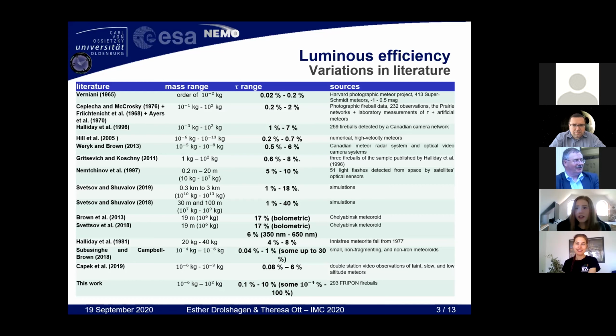We have about 10 to the -5 till 10 to the power of 2. The large ones are from Nemchinov and Svetsov. These are models, and they calibrate them with the Chelyabinsk event, so they look at 20-meter-sized objects. Okay, thanks.